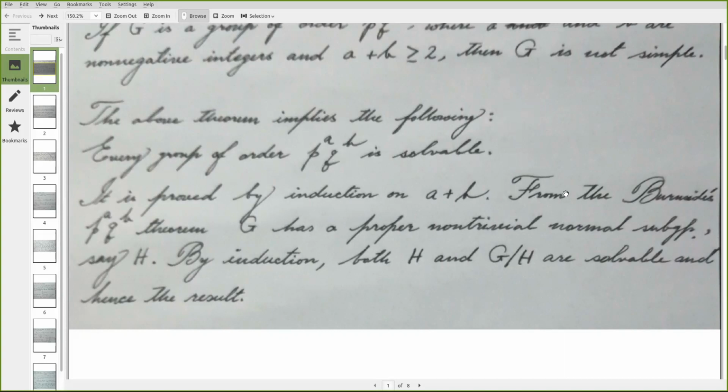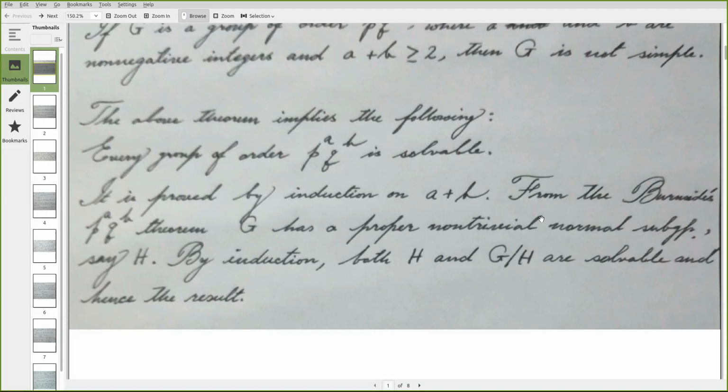From Burnside's p to the power a and q to the power b theorem, if a plus b is greater or equal to 2, then applying that we get that G is not simple. So therefore G has a normal subgroup which is non-trivial and proper. Let such a subgroup be H. Then both H and G mod H have orders that are divisors of p to the power a, q to the power b.